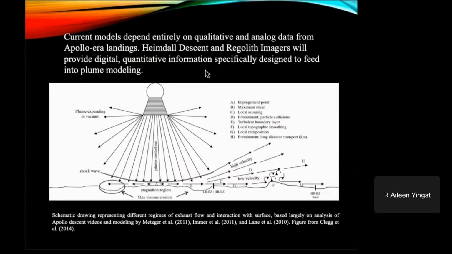But more to the point, sometimes with that data, we don't even know the basics like altitude based on image because the altitude was manually called out by the astronauts during their descent. So the idea is to acquire images at not quite 2 images per second, which will allow us to have digital images at known altitudes so that we can feed this information into future models.